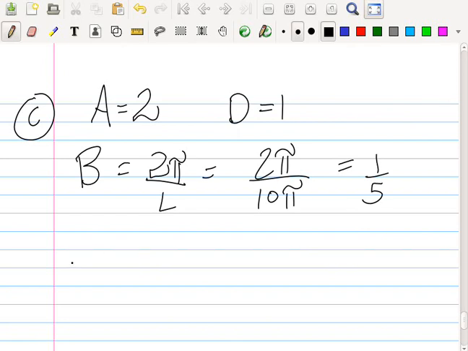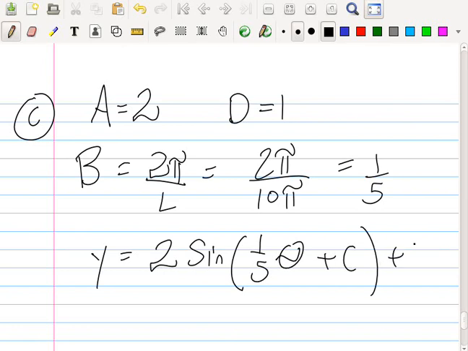So we're in a position to say y equals a sine b theta plus c plus d. And the last thing to find is c. And how do we find c? We use a point. What point should we use here? It looks like the easiest point to use there is 0, 0. You see it goes through 0, 0?